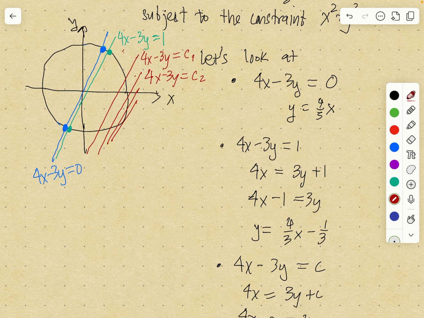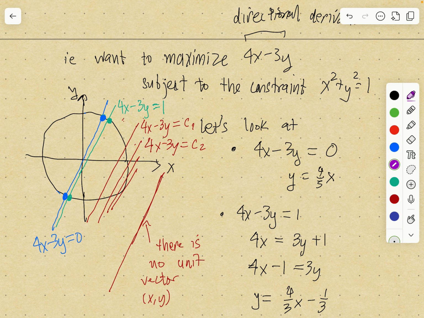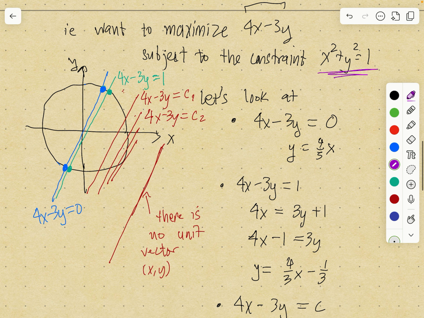Because if I move the line all the way down, like here, there is no unit vector xy that I can plug in to find the directional derivative, right? Like there's no xy that satisfies the constraint that x squared plus y squared has to be 1. So the biggest c possible is going to be the line that just touches the circle.